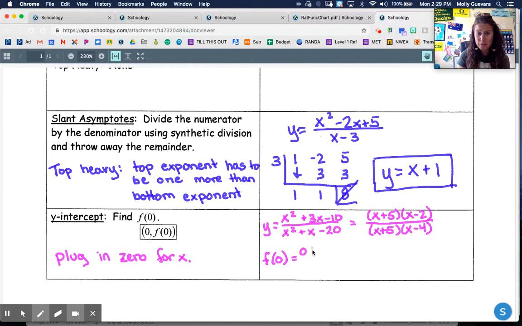So I really get like 0 plus 0 minus 10 over 0 plus 0 minus 20. So really I can just cancel out all those zeros. And I just get negative 10 over negative 20, which ends up being positive 1/2. So this graph crosses the y-axis at (0, 1/2). That tells me my y-intercept.